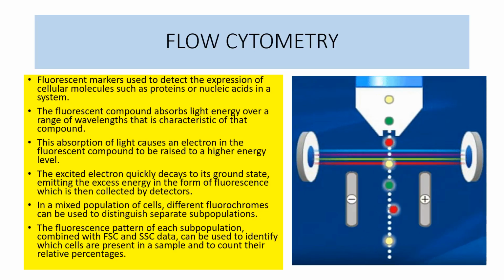So here the calculation of different types of cells in the blood, that is how many RBCs are present, how many WBCs are present, which type of WBCs, the lymphocytes, T lymphocytes, B lymphocytes, can be done with the help of flow cytometry.